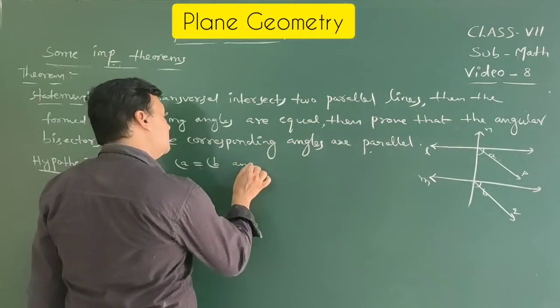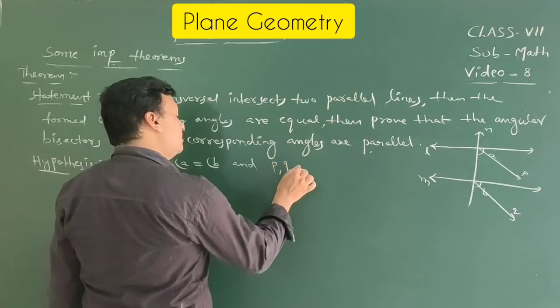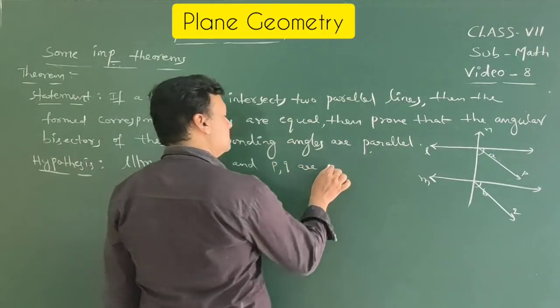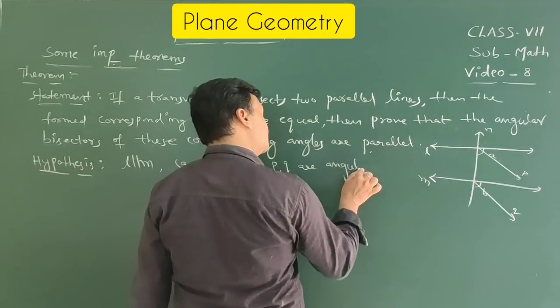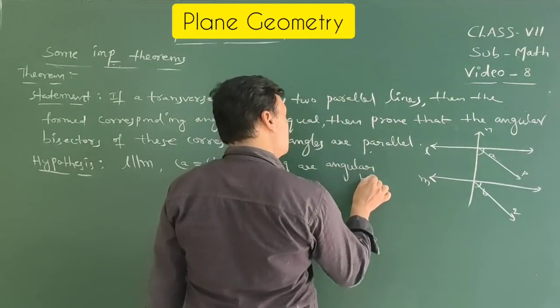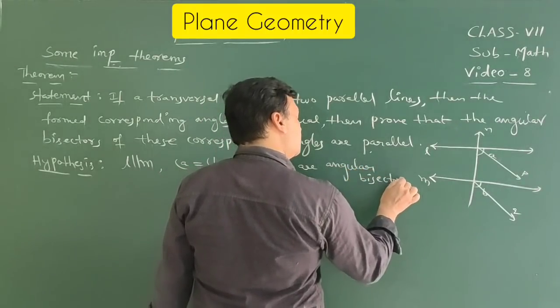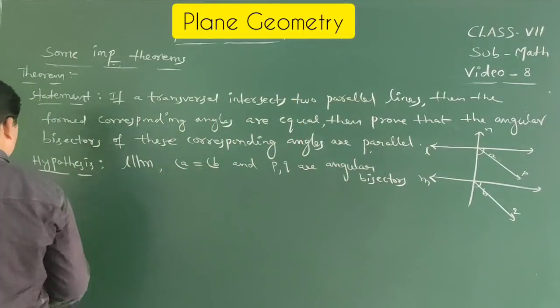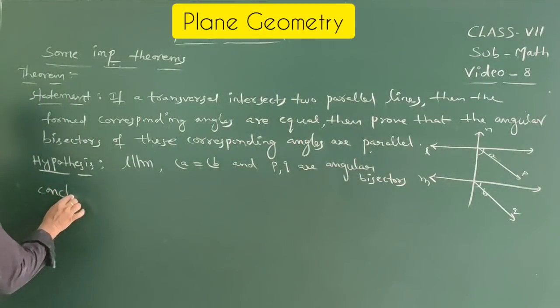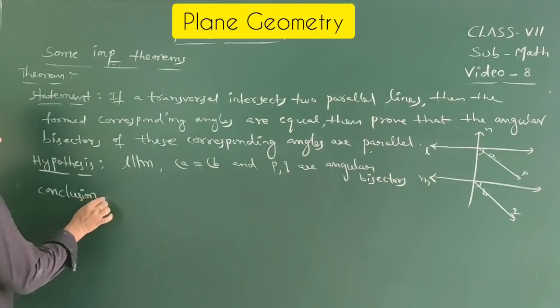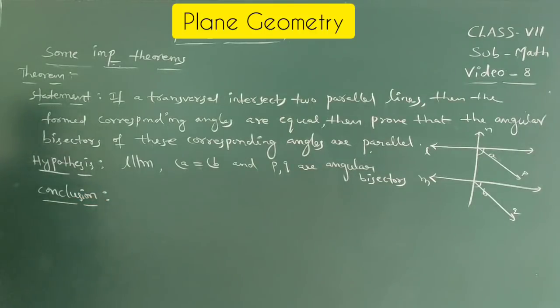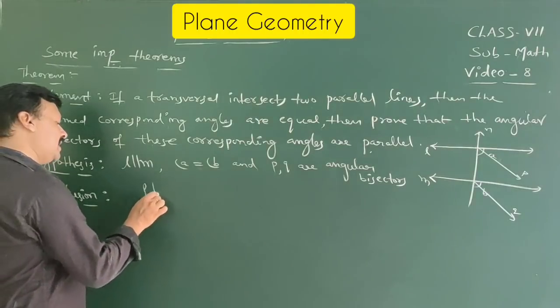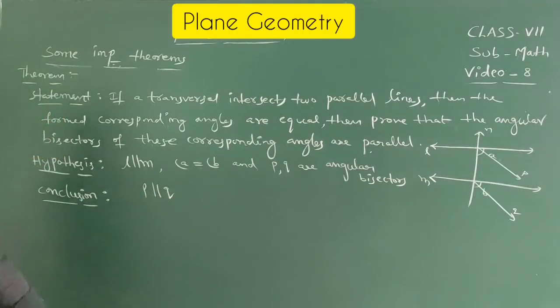And P and Q are angular bisectors. Conclusion: what we need to do? P is parallel to Q, we need to prove.